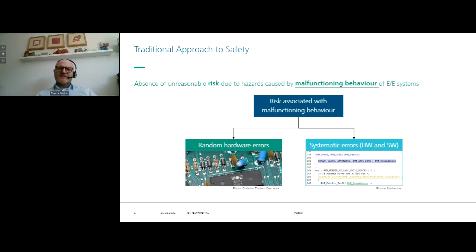Safety was often determined by the absence of unreasonable risk due to hazards caused by malfunctioning behavior of the electrical systems, malfunctioning behavior in terms of things that break or are broken. In other words, random hardware errors or systematic errors in the hardware and software. And we see that is now only one very small part of the story we have to deal with when we talk about safety of such systems.